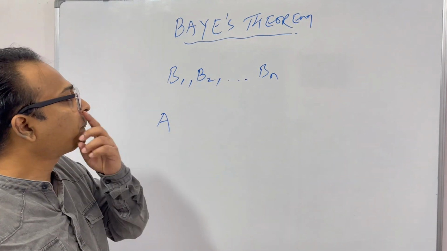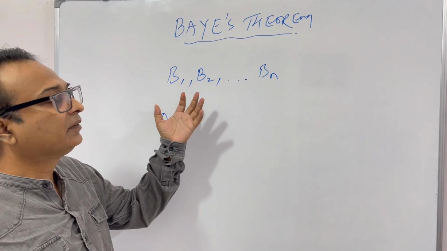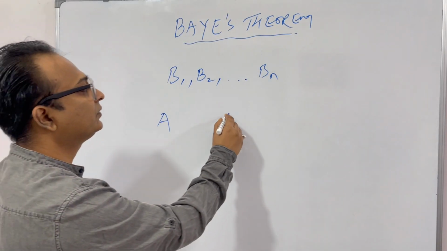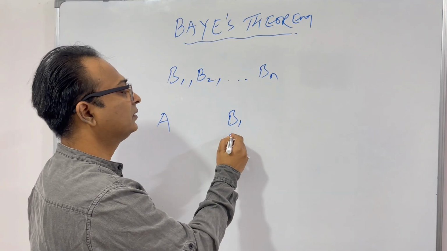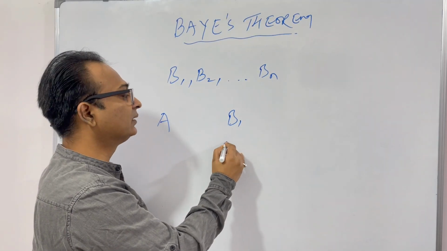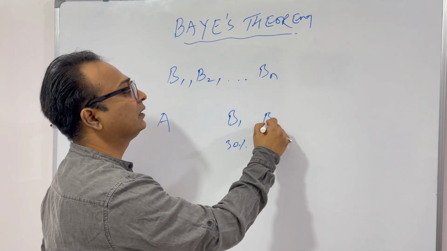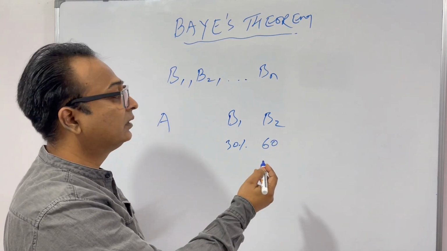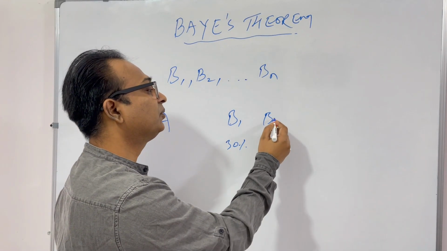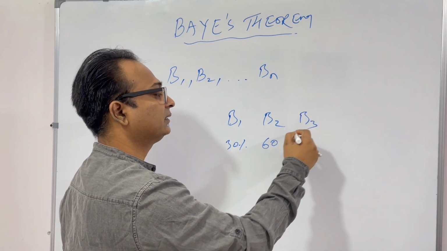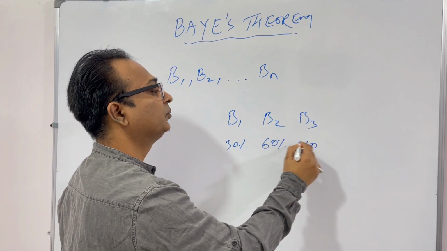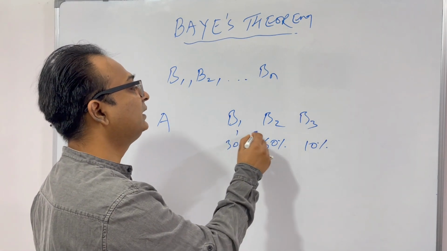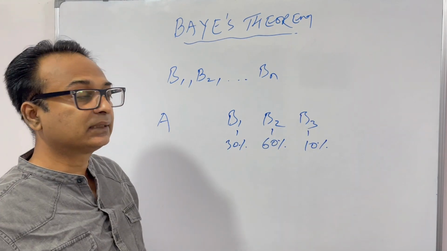For example, in a factory, let's say 30% of product is manufactured by machine B1, then 60% of whatever is being manufactured is from machine B2, and the rest, that is 10%, by machine B3. So these are the exhaustive events.